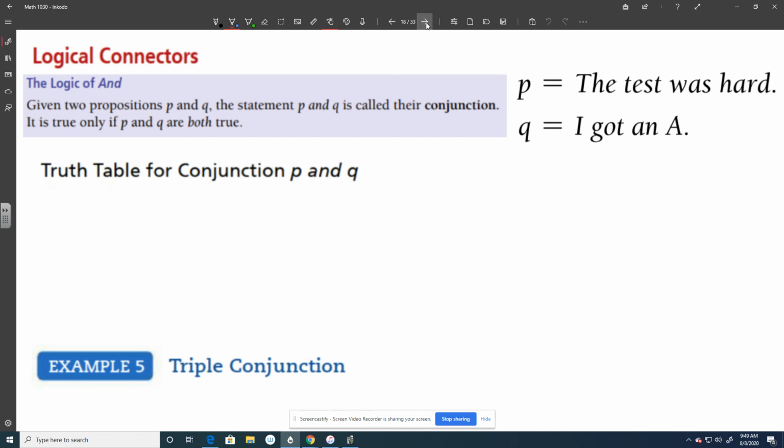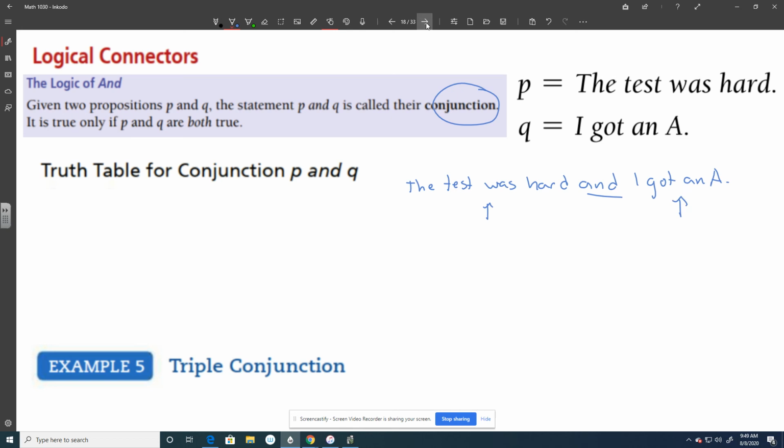But if we combine those with the word and, if I say that the test was hard and I got an A, then it's what we call a conjunction. Okay, we are combining them together. Now, this statement is only true if this part is true and the second proposition is true.